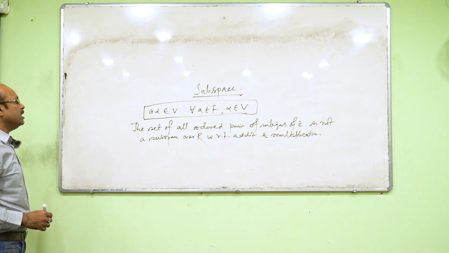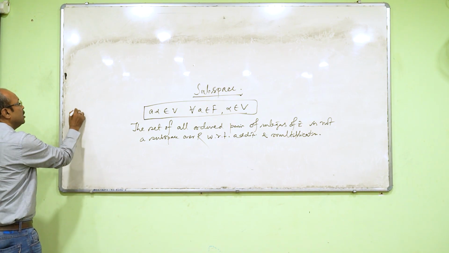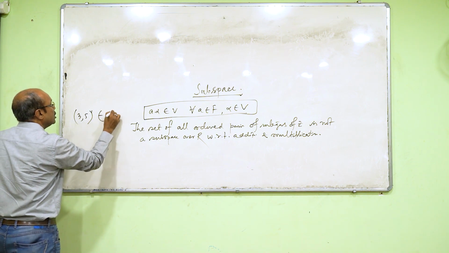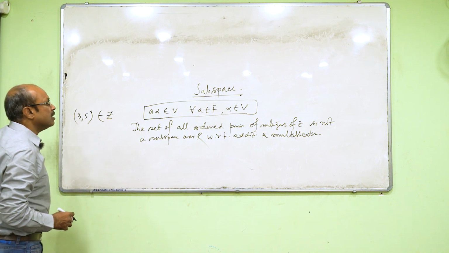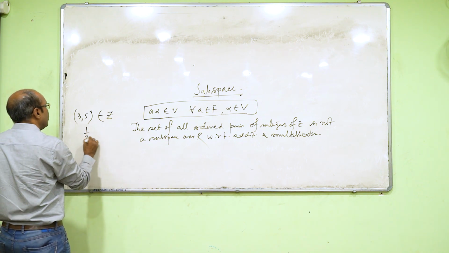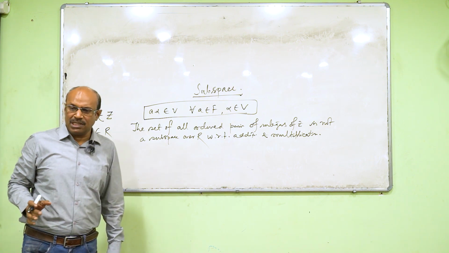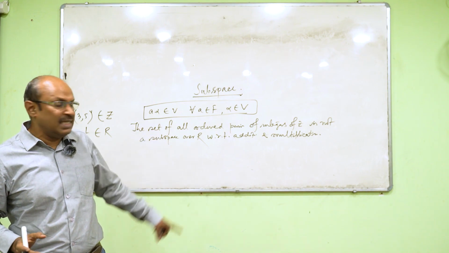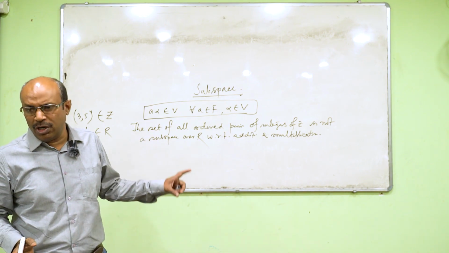Suppose you take two elements, one, suppose (3, 5). This is an ordered pair from Z, and 1/2 belongs to R. A vector space means we know Z is a vector space over capital R. Is it true or not?